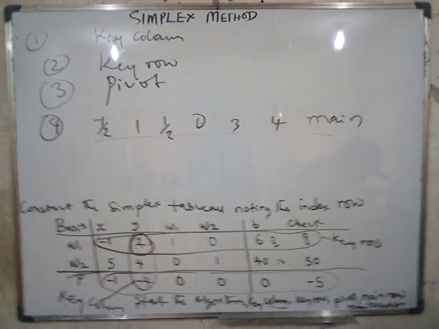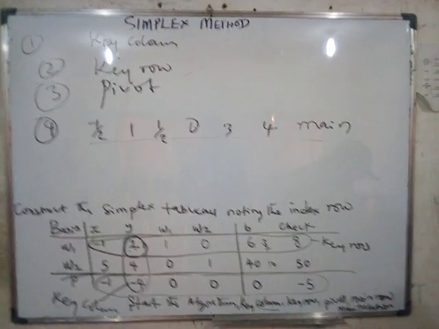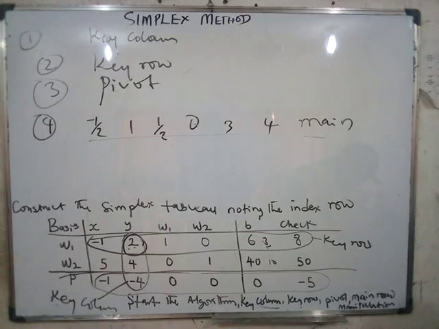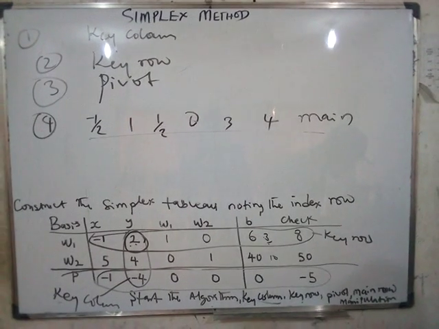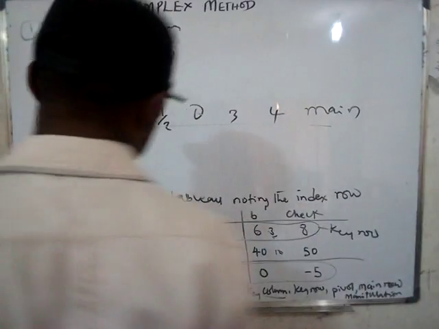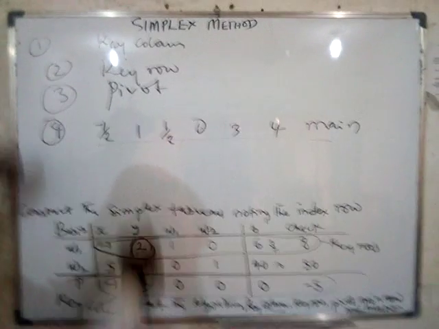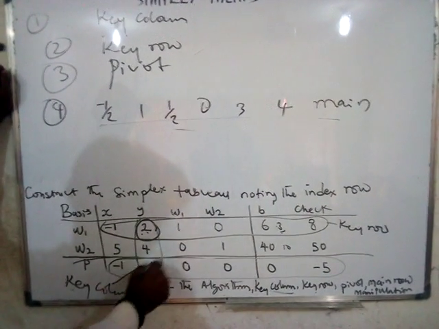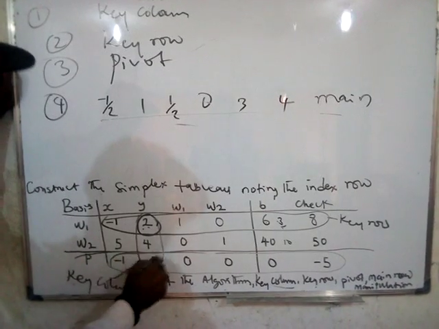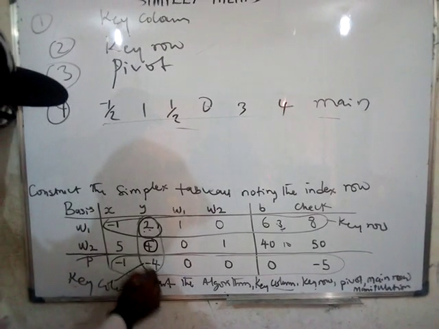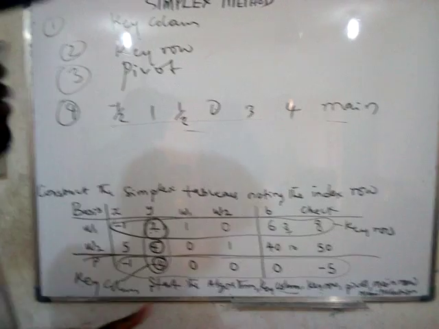Very, very important. So once we have the main row, the next thing we now do is to use this main row to manipulate these columns, the values here, so that we can get 0 here and get 0 here. So that's the next thing we do.